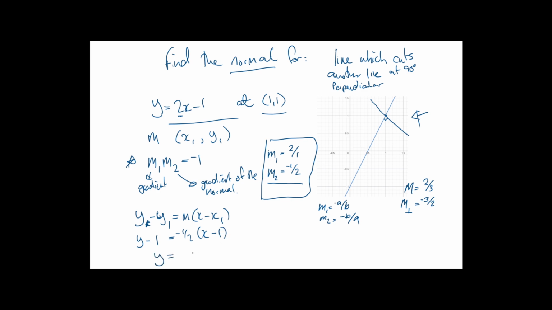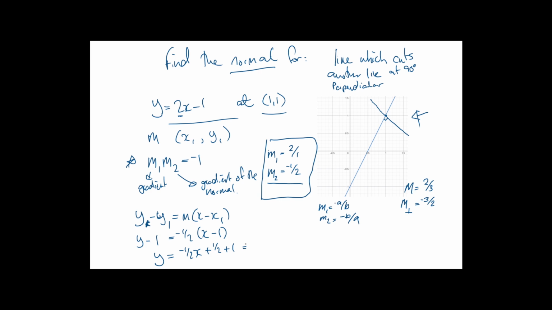Let's bring that -1 over. So it's going to be -1/2 x plus 1/2 plus 1, because -1/2 times -1 is positive 1/2.